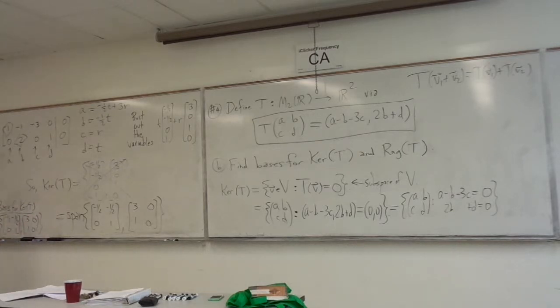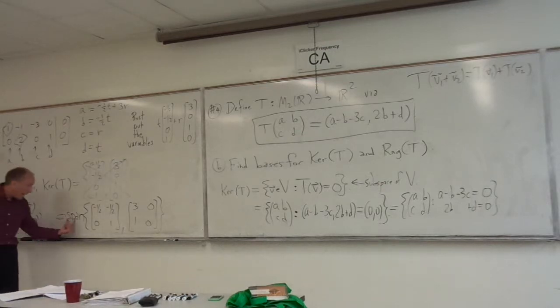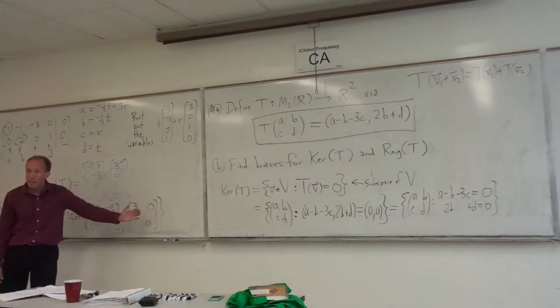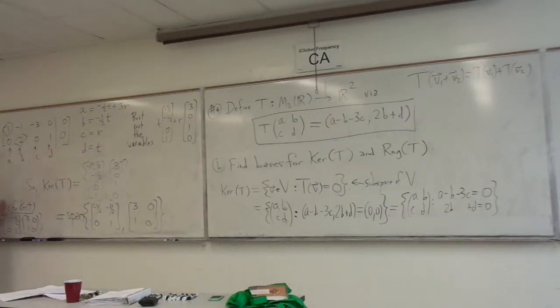Some people are very careless with writing this word span in front of stuff. You want to be very, very sure when you are supposed to write the word span. Span needs to be there when you're expressing your whole space in terms of that spanning set. But if you're just asked what is the spanning set or what is the basis, then it's just that list alone.